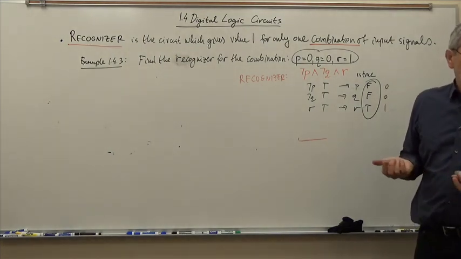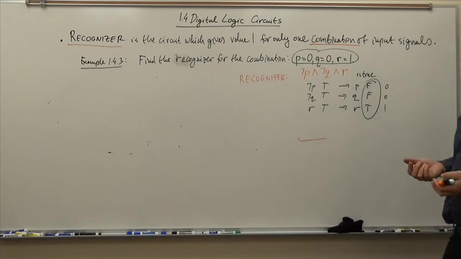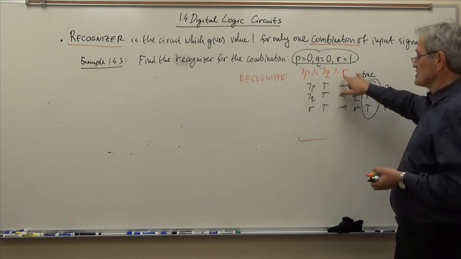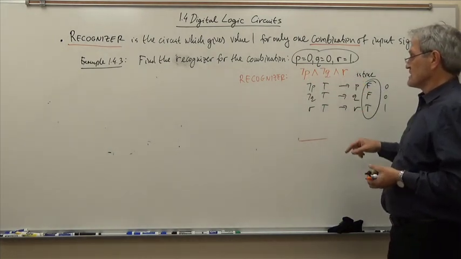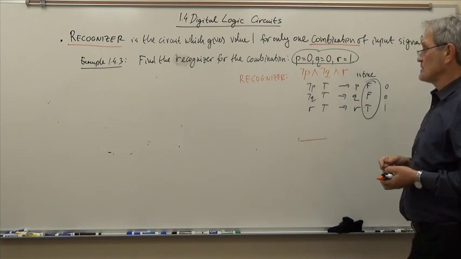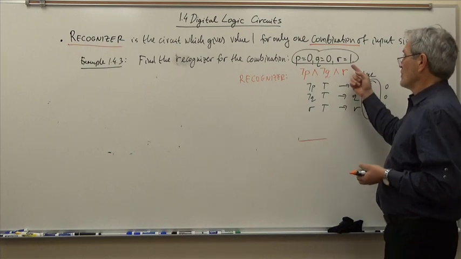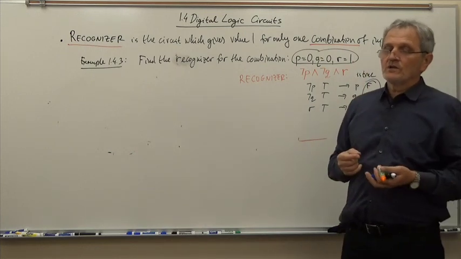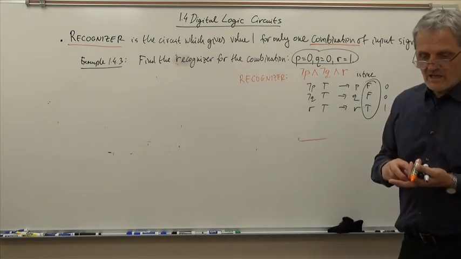So that's actually a very easy way to make a recognizer. Once again, it's a conjunction of either letters or their negation, and whenever you see a value 0, you take a negation. Whenever you see value 1, you take the letter itself.